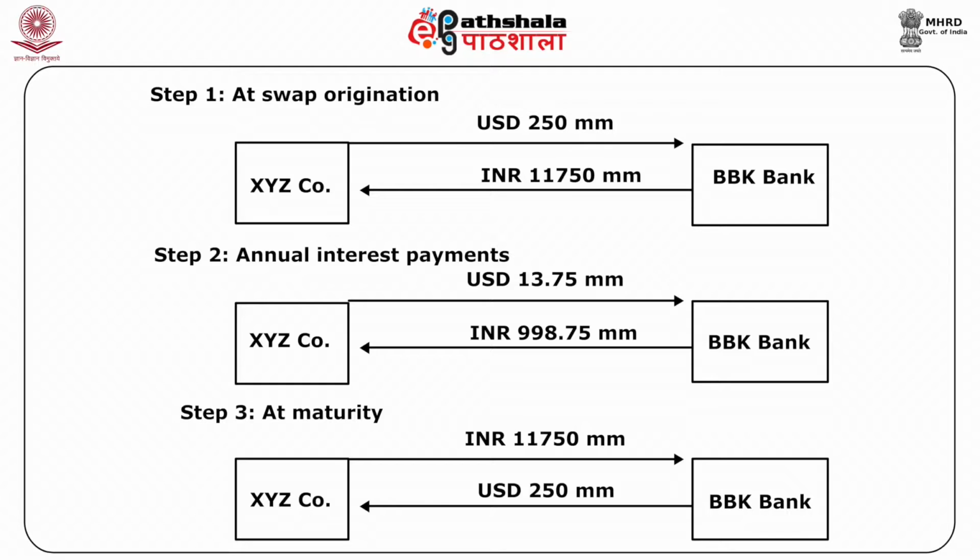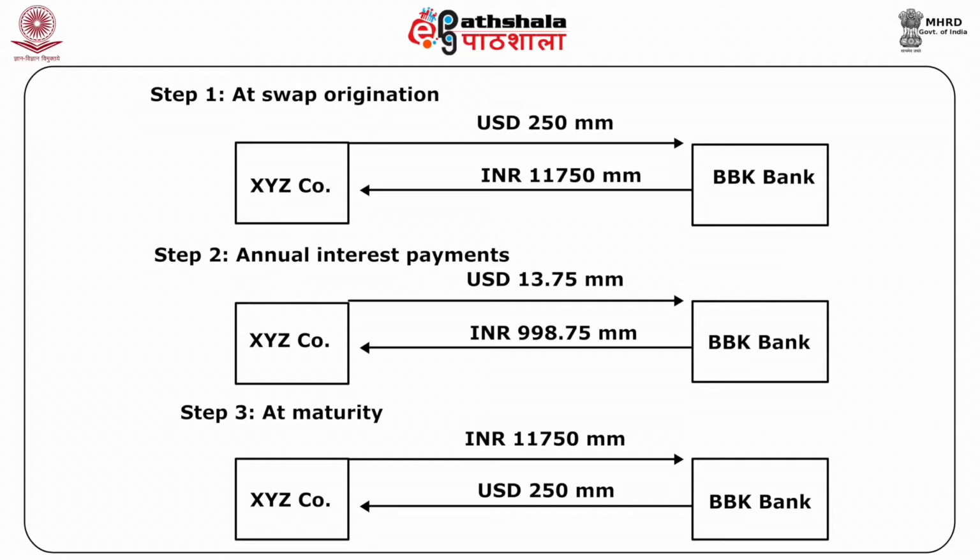For the next 4 years, BBK Bank pays USD 13.75 million, which is 5.5% of USD 250 million, to XYZ company. In return, XYZ company pays INR 998.75 million, which is 8.5% of INR 11,750 million, to BBK Bank.